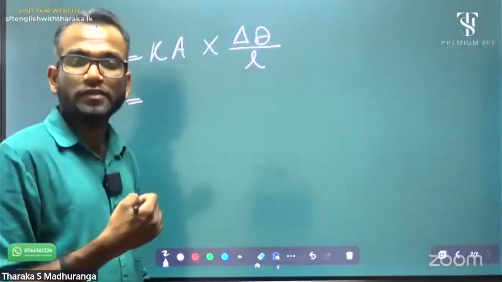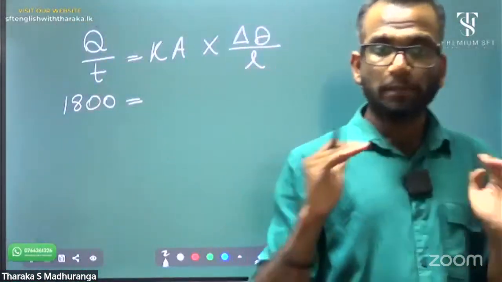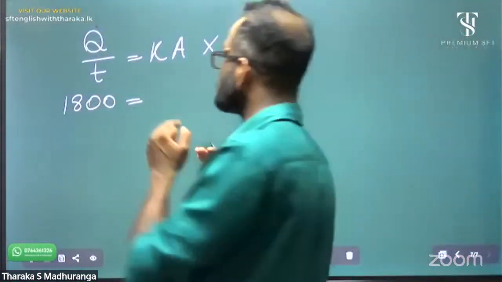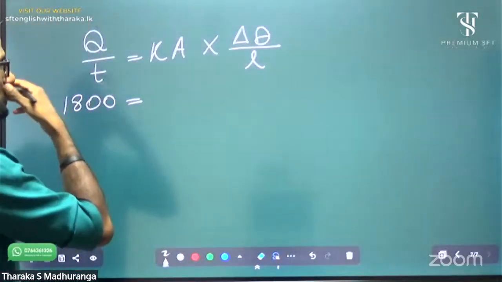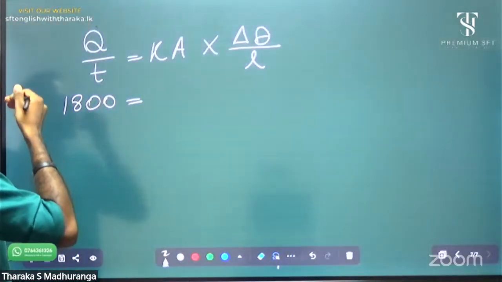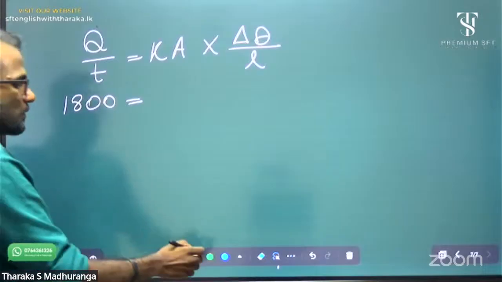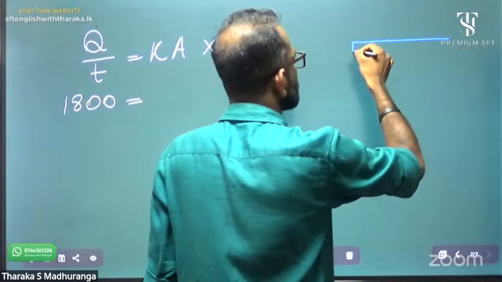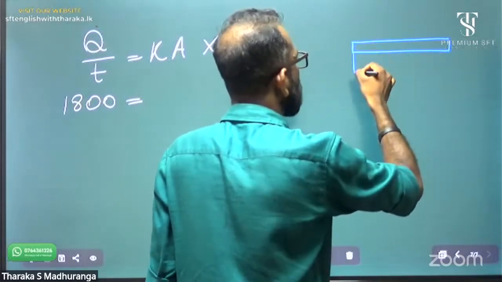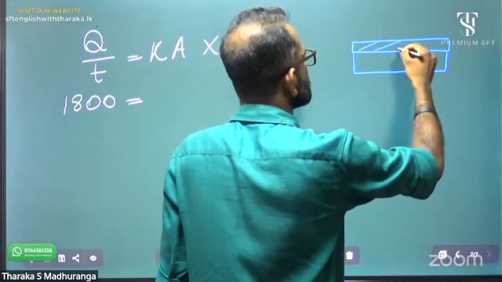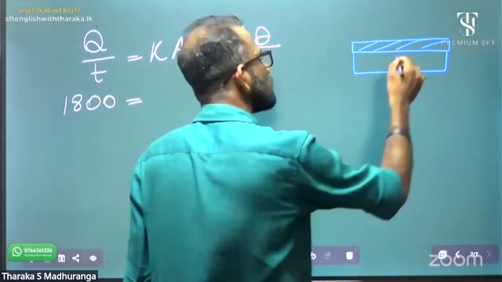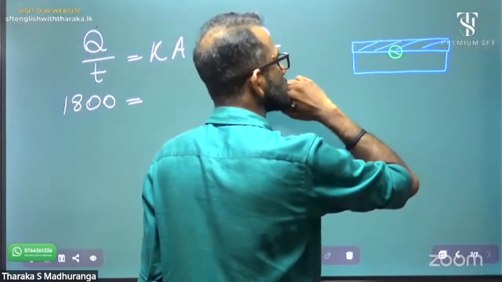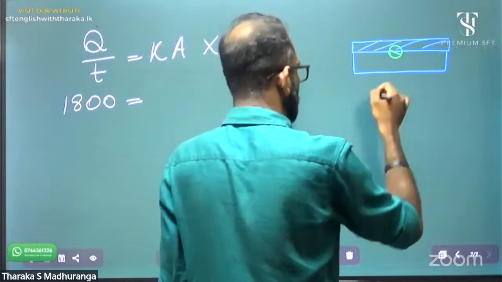But the problem is we don't know the intersurface temperature. The intersurface temperature is not given. Think of this as a wall. This thickness is not given and the intersurface temperature is also missing.